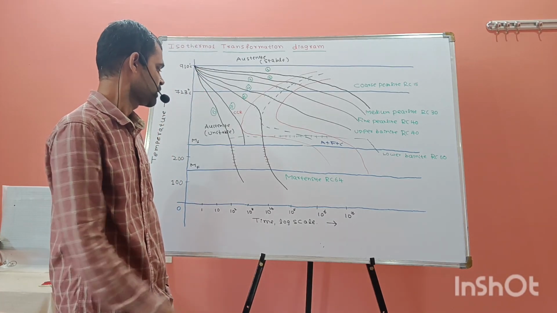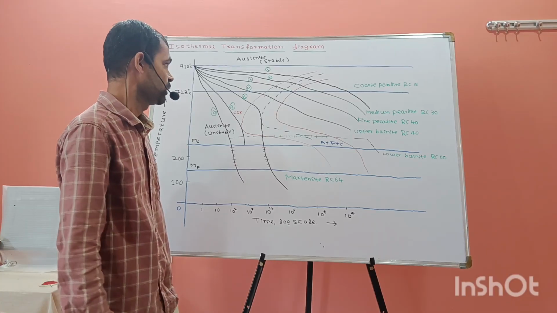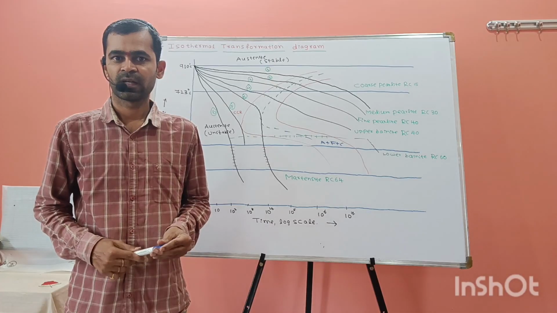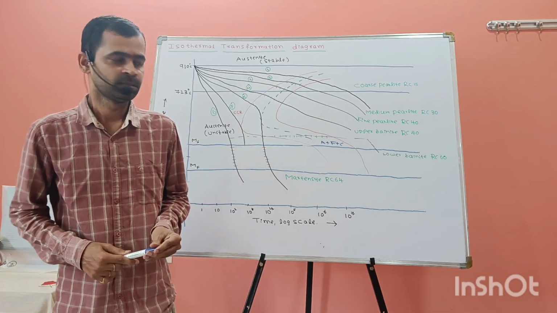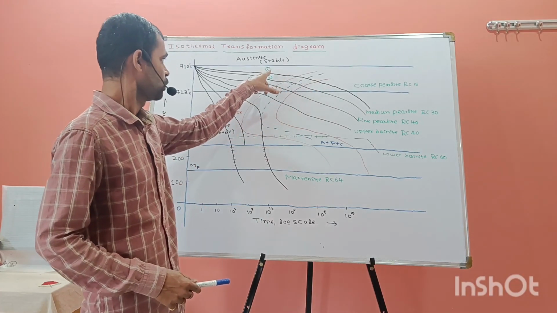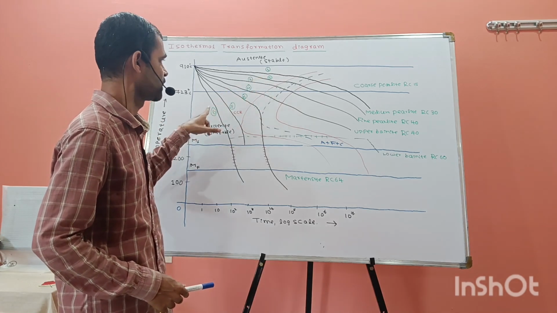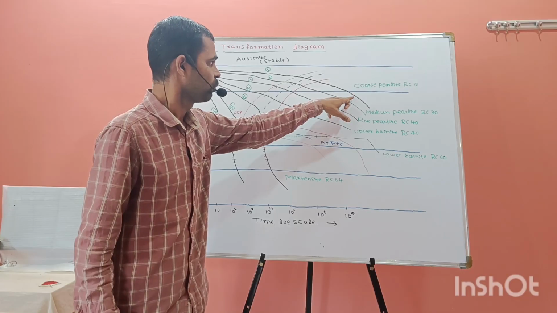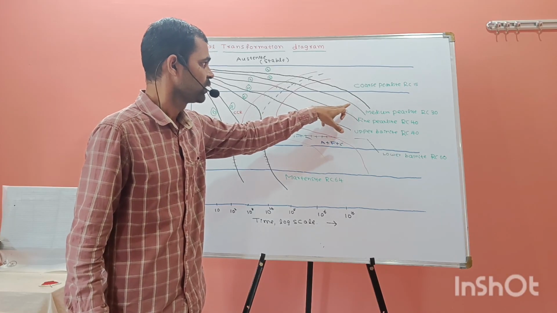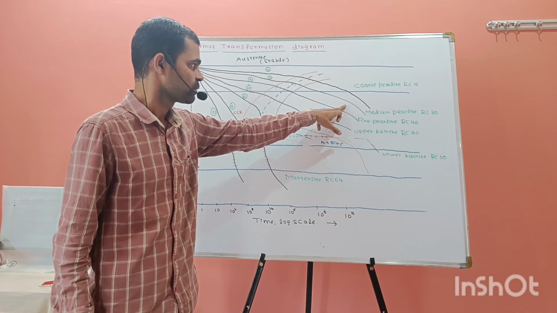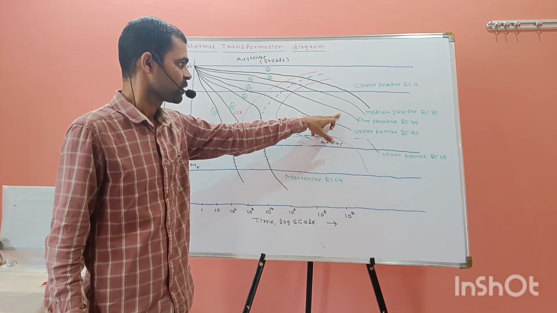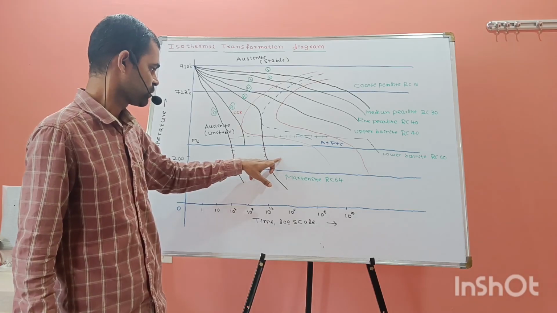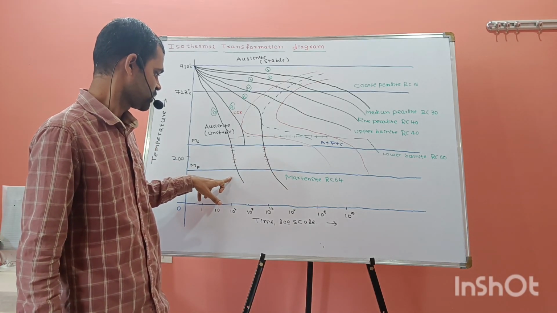These are the things we can observe from the isothermal transformation diagram or time temperature transformation diagram or C curves. These are the cooling curves 1, 2, 3, 4, 5, etc. The cooling rate may be different: 0.1 degree Celsius per second, 5 degrees Celsius per second, 35 degrees Celsius per second, 100 degrees Celsius per second, 140 degrees Celsius per second, and more than 140 degrees Celsius per second.